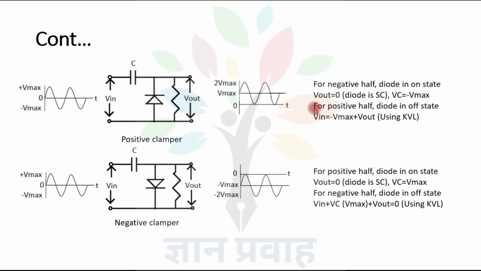For the positive half, this terminal is positive and this one is negative. This terminal is negative, which means the diode is operating in reverse bias or in off state. So here we apply Kirchhoff's voltage law in this loop.